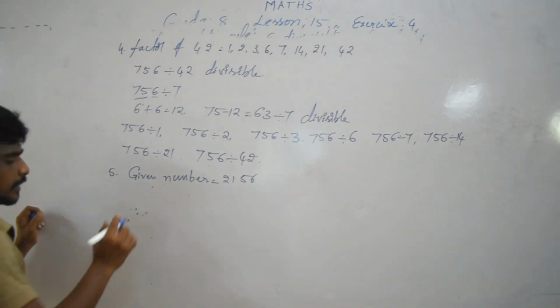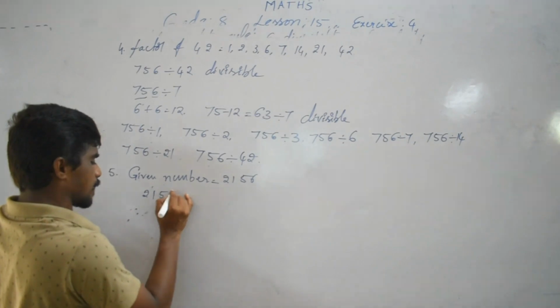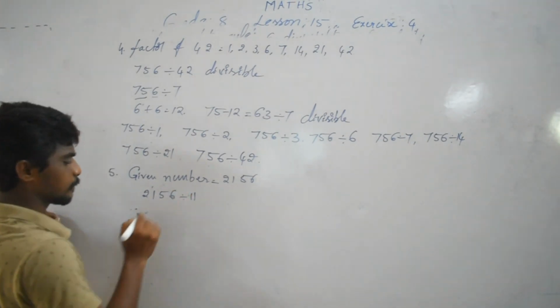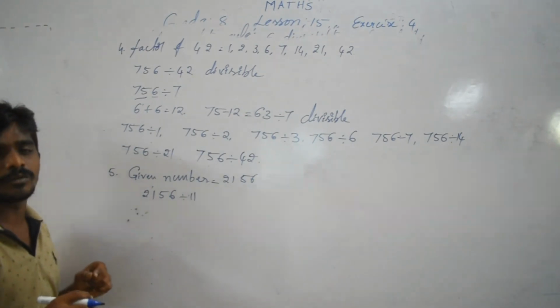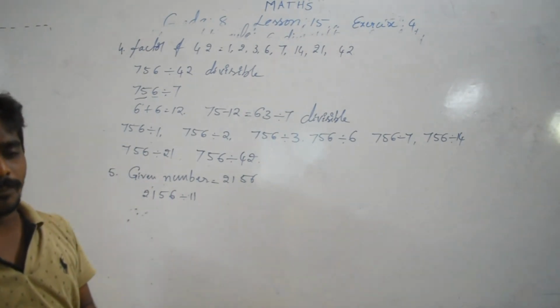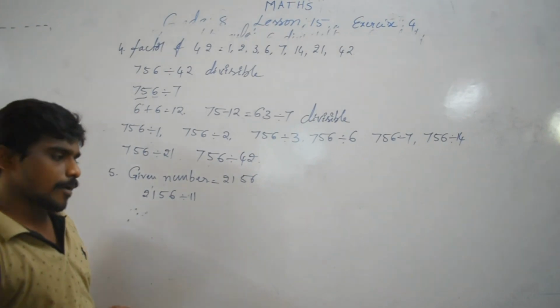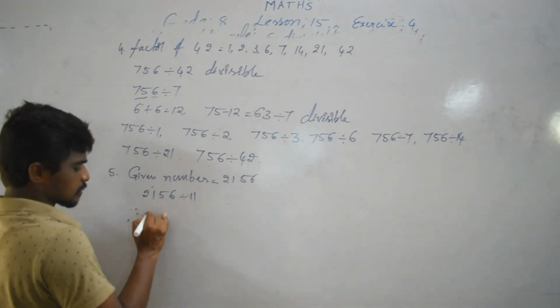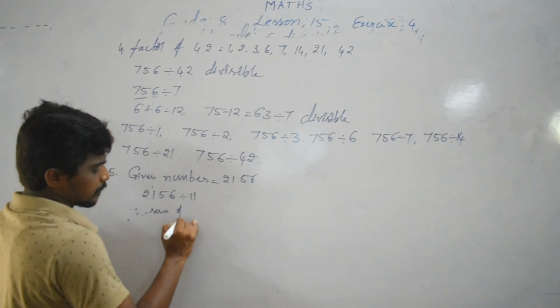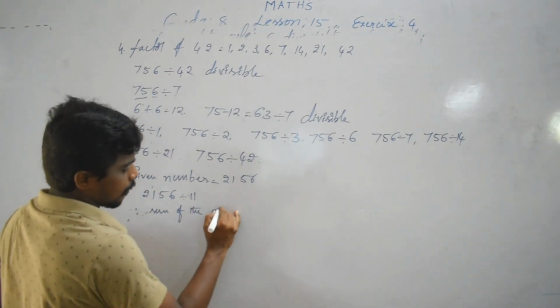It is asking whether this number divided by 11 is divisible or not divisible. So what is the 11 divisibility rule? The sum of the odd places and the sum of the even places are different. So here, the sum of the odd places.